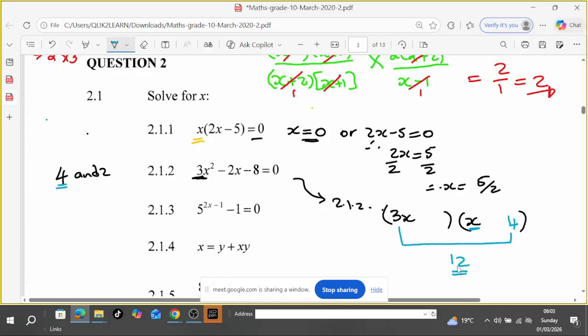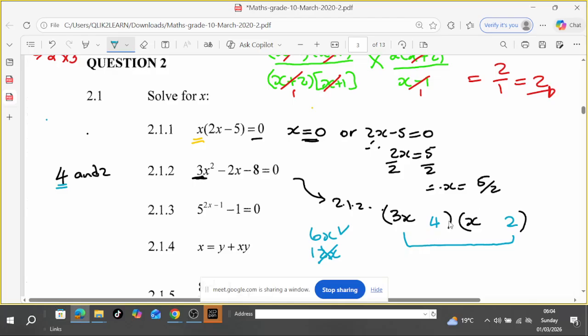Is 12 close to 2? No, that won't work. So if the 4 goes to that bracket, that won't work. Then we put the other one. What is 3 times 2? It is 6. Can you see that we have 6x, and the other time we got 12x when we put 4. So we take the 6. This tells us that the 2 will come this side, and the 4 will come this side.